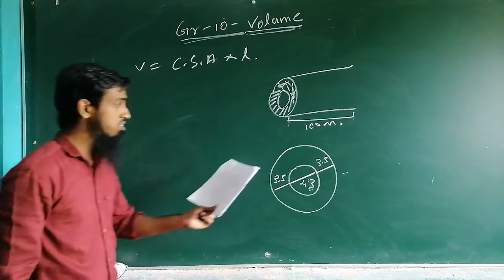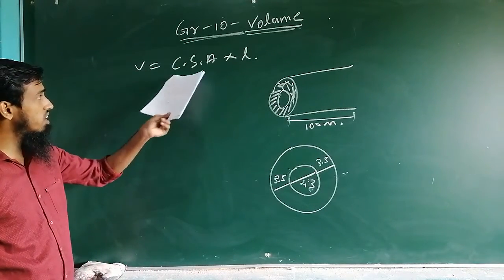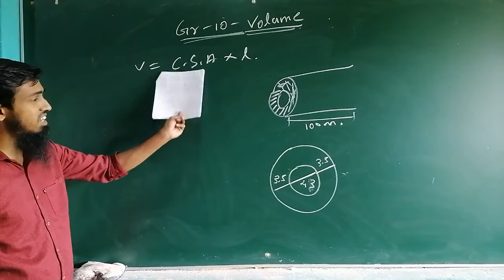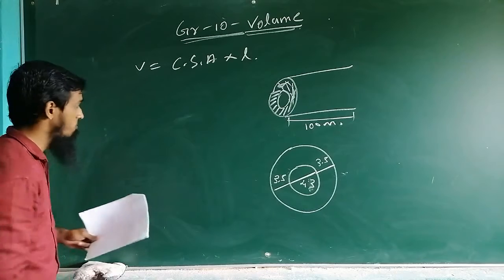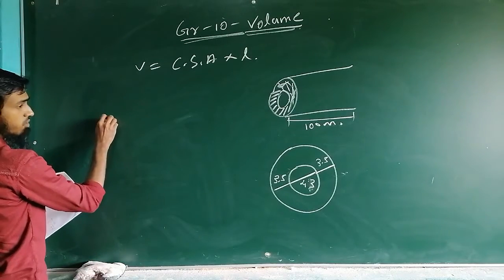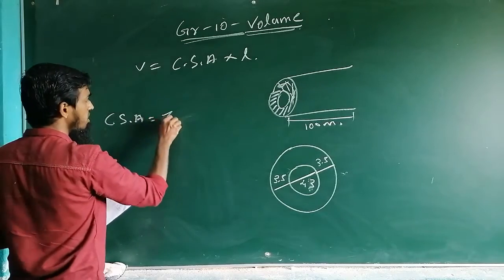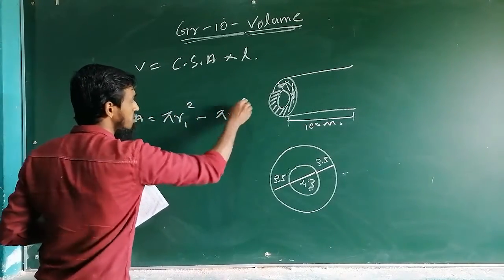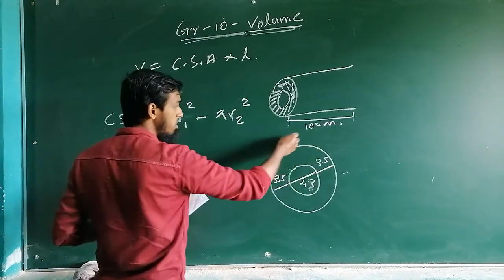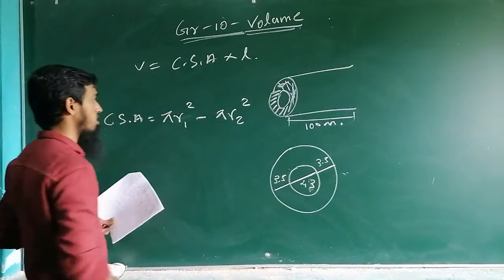So we have some working here. We didn't go for the cross-sectional area directly. We find it separately and we'll substitute. Cross-sectional area equals pi r1 squared minus pi r2 squared: area of the larger circle minus area of the smaller circle.